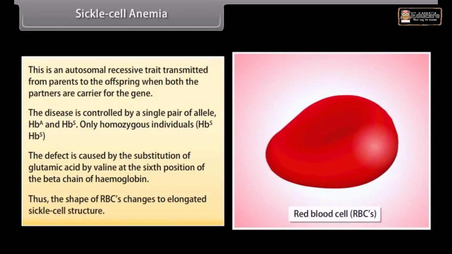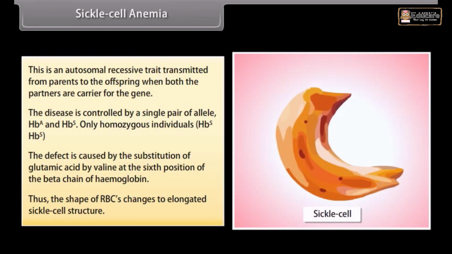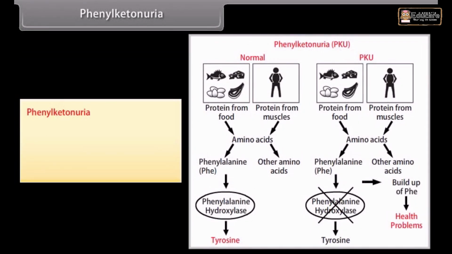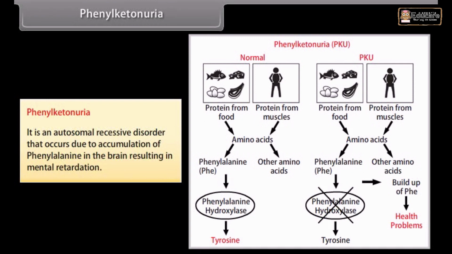Thus, the shape of RBCs changes to an elongated sickle cell structure. Phenylketonuria. It is an autosomal recessive disorder that occurs due to accumulation of phenylalanine in the brain, resulting in mental retardation.